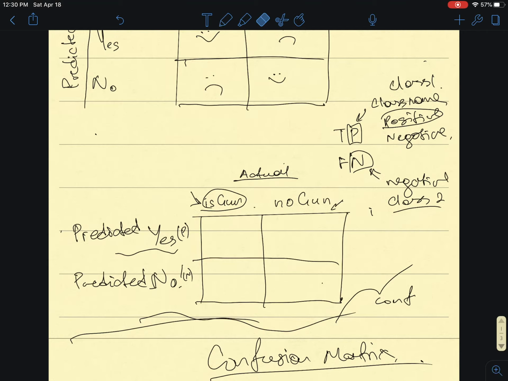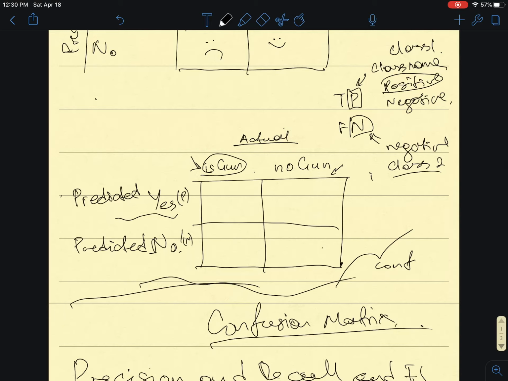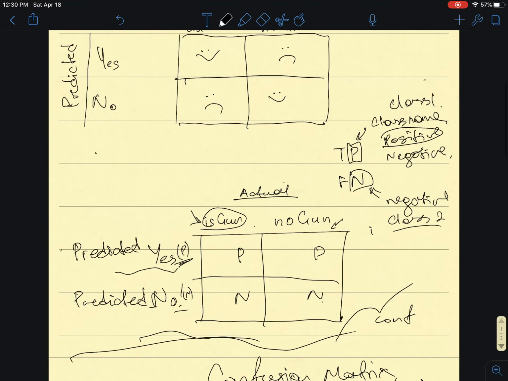The second word is the abbreviation, and it is given by what the model predicted, right? So we can actually pre-fill the second word right here in this confusion matrix. Here the model predicted the class to be positive. On the second row, the model predicted the class to be negative, right? That's what the prediction is. The first word indicates whether the model was correct in the prediction or not.